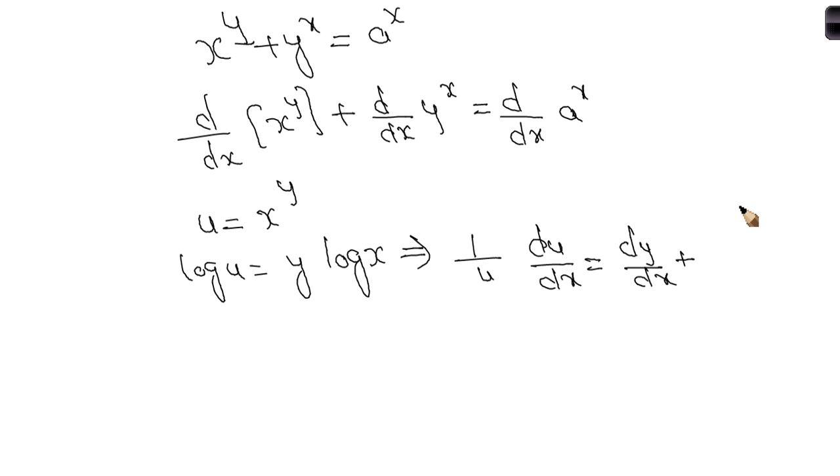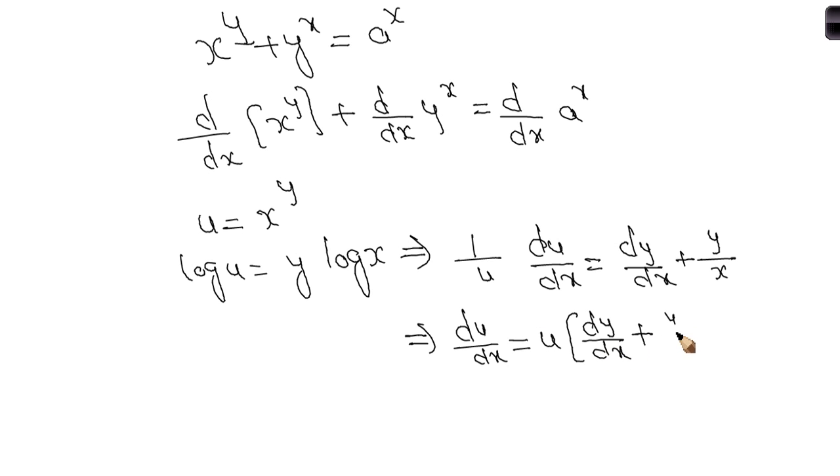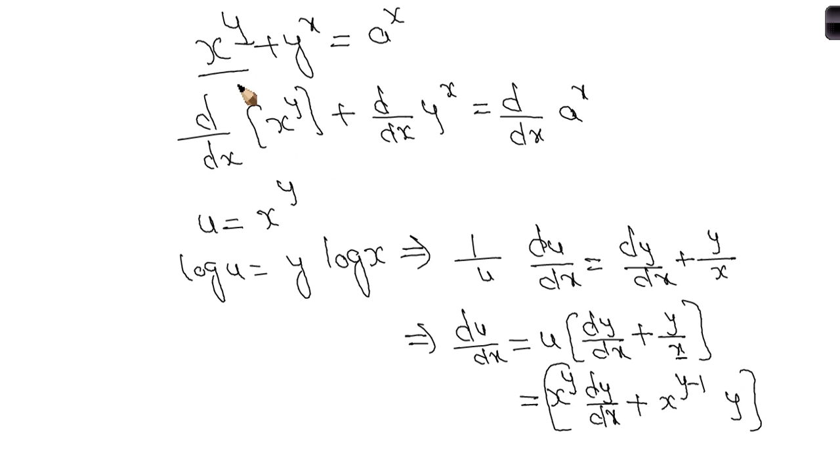So du by dx is u times (dy by dx log x plus y by x). We know that u is x power y, so I can replace it: x power y log x into dy by dx plus x power y minus 1 into y. This should be the derivative of the function x power y.